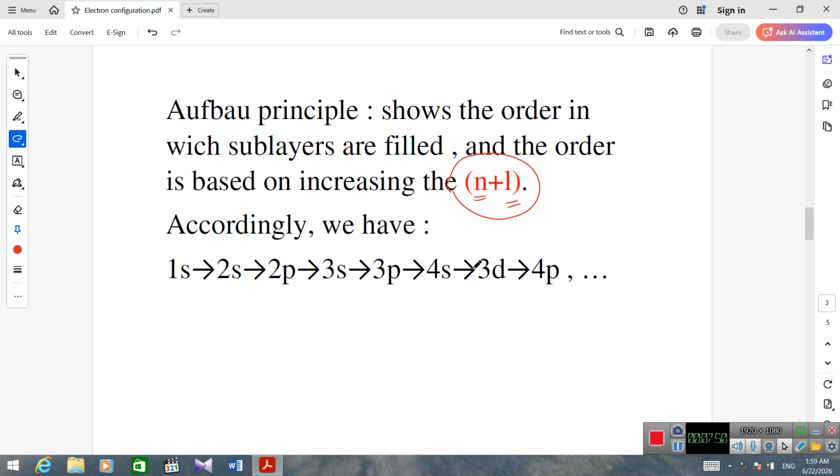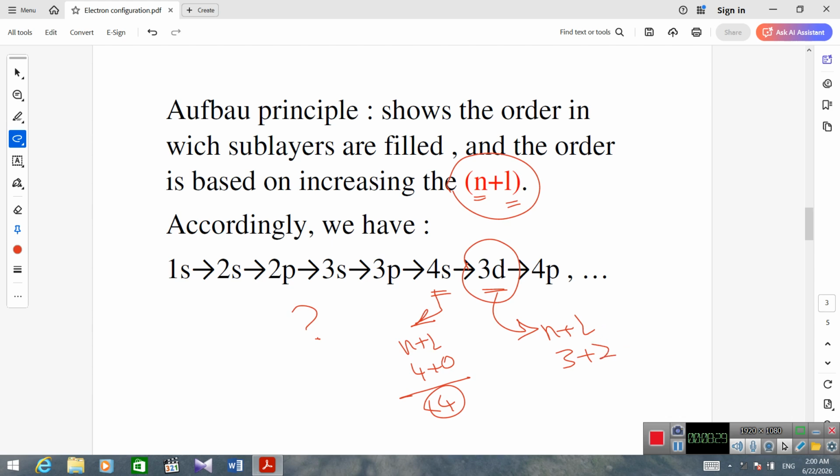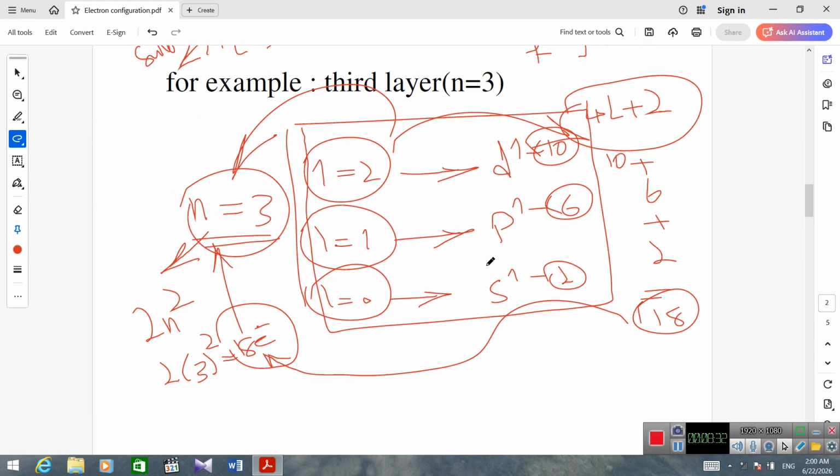But the most important point is that 3d is located after 4s. Why? Because if we calculate n plus l for 4s, 4 plus 0, the answer will be 4, and for 3d, n plus l, 3 is the principal quantum number, and l is 2 because the sublayer is d, as I said.